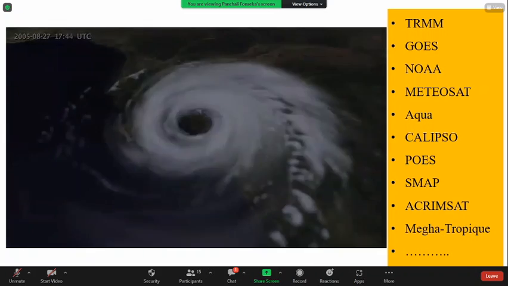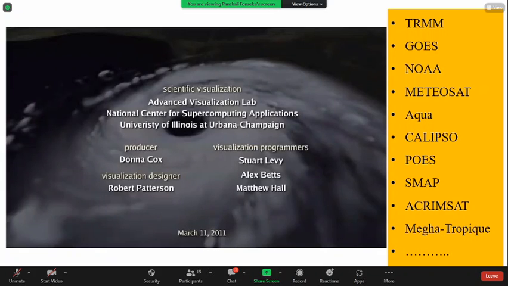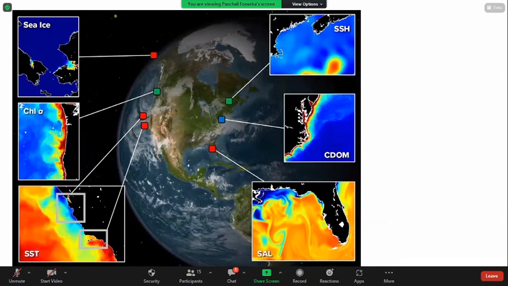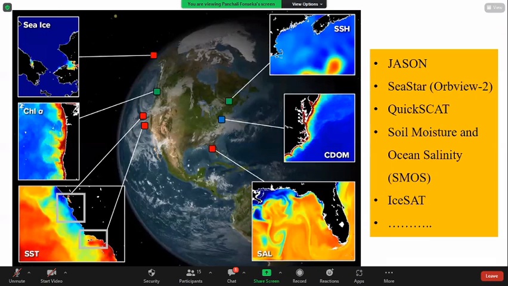So there are geodesy satellites, especially these satellites capture the Earth gravity, Earth pull, and other data. And the oceanography observation satellites capture many details about the ocean, like sea surface temperature, chlorophyll concentration, salinity, and others.